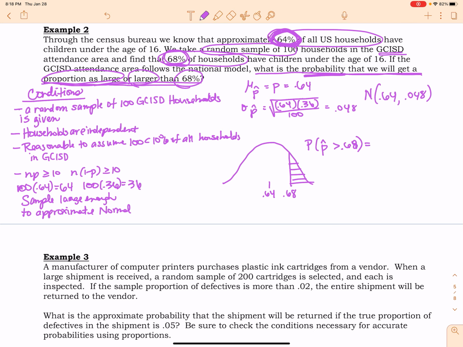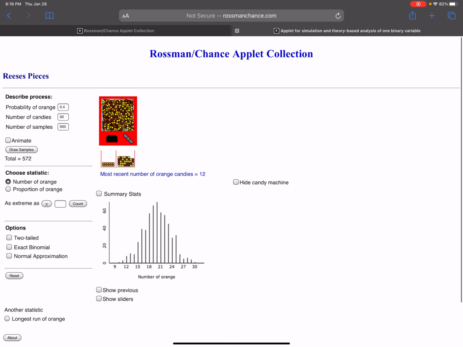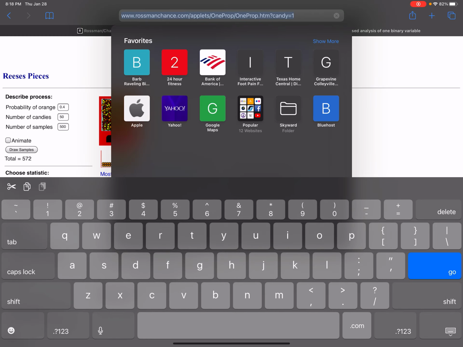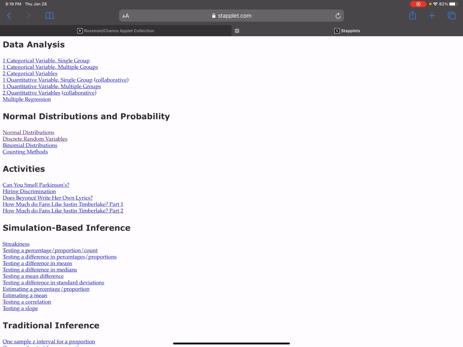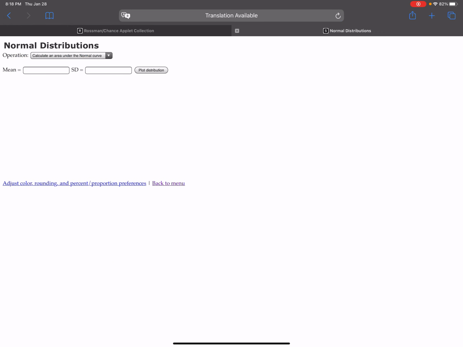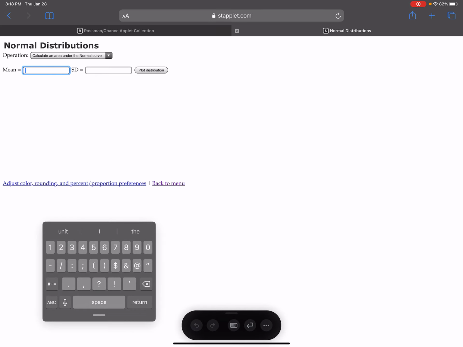If you use Statplet, I don't think I have it open, but we can probably get it open pretty quick. Then we're going to look at a normal distribution. We're calculating an area. Our mean, of course, is going to be 0.64. Oops, it helps if the decimals are where they're supposed to be. And then my standard deviation, of course, is 0.048.